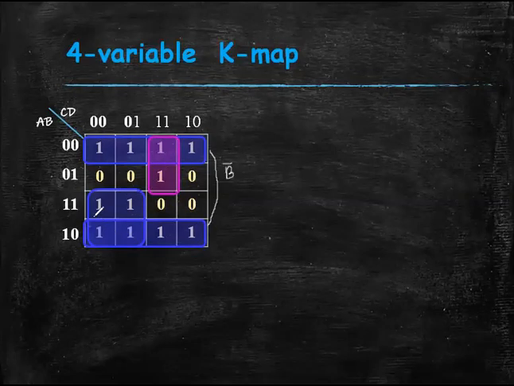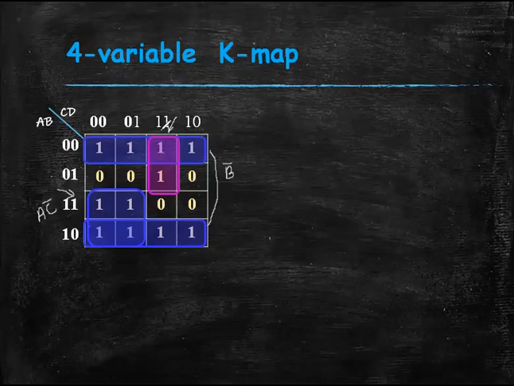And for this square, I write here, C bar not changing and A not changing, then A C bar. And for the pair, only a single variable is eliminated, so there must be 3 variables.